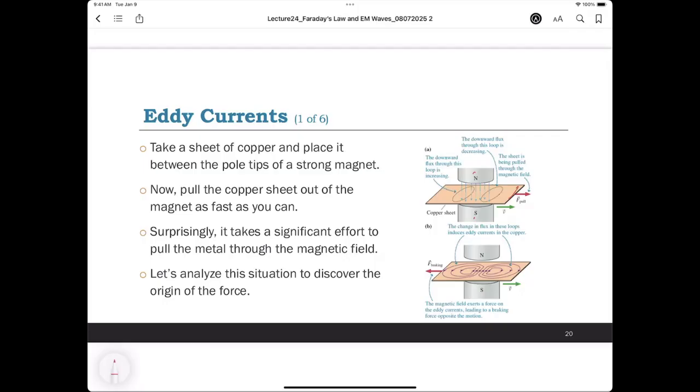Surprisingly, it takes a significant effort to pull the metal through the magnetic field. If you pull the copper sheet as fast as you can, you will find it's very difficult to pull it out. Let's analyze this situation to discover the origin of the force.